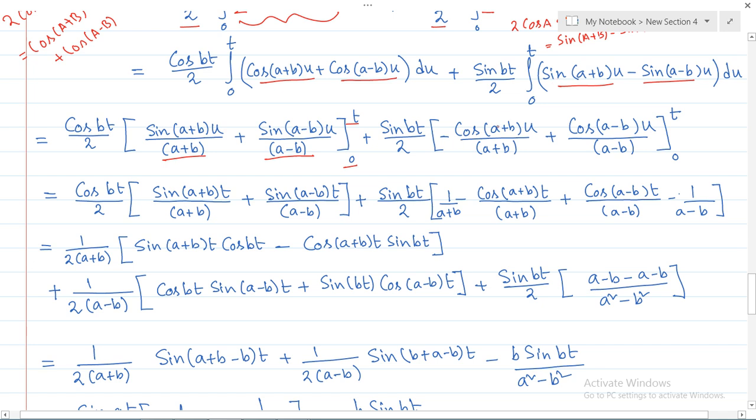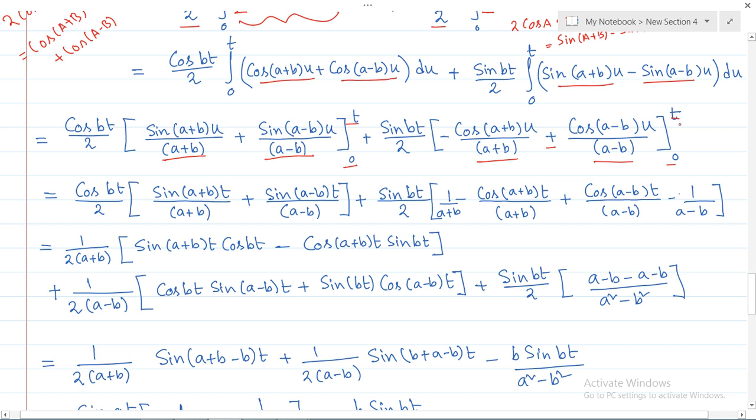So sin of (A plus B) u will become minus cos of (A plus B) u by (A plus B), and minus of sin of (A minus B) u. Since sin integration is minus cos, this minus can be taken as plus cos of (A minus B) u by (A minus B). Limit is 0 to t.